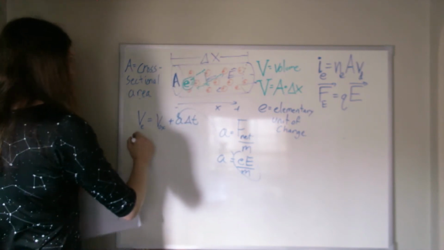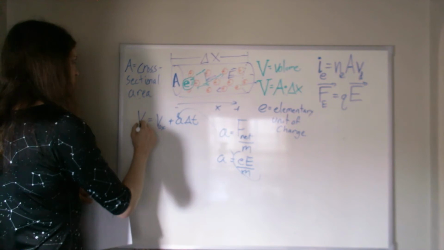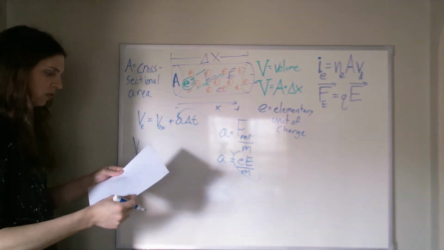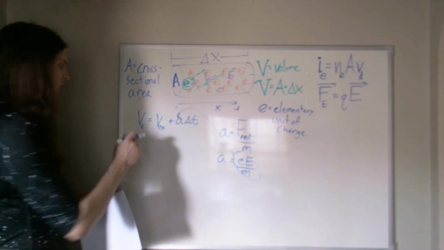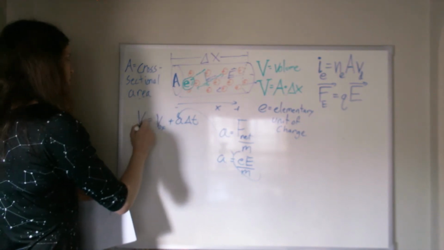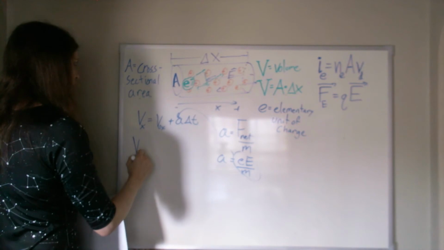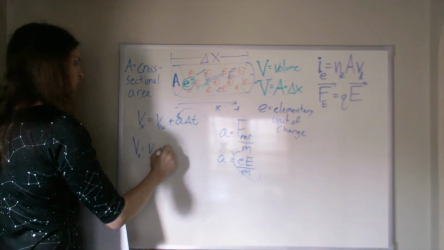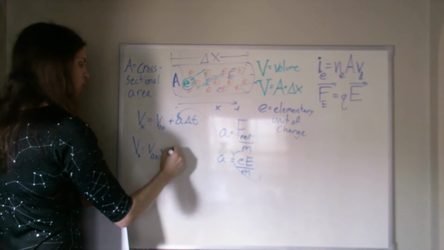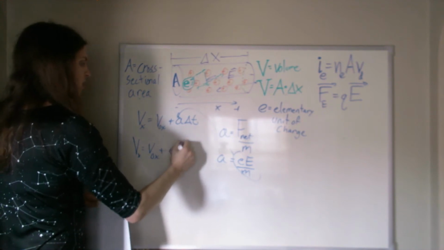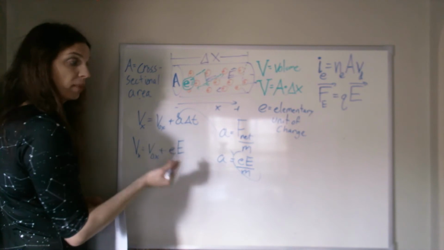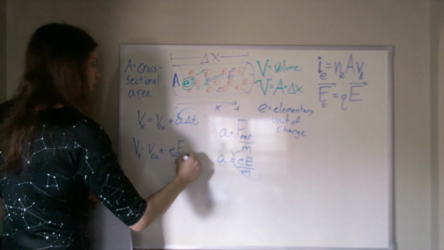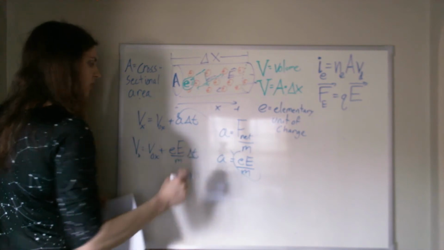And we can say our given speed for some electron in our x direction is whatever it starts with, plus that charge times the field over m, times delta t.